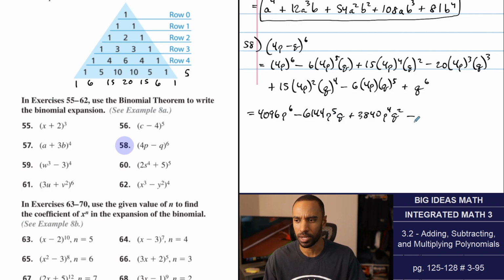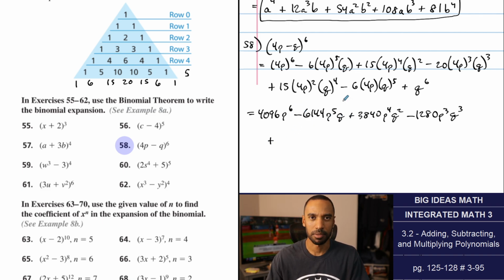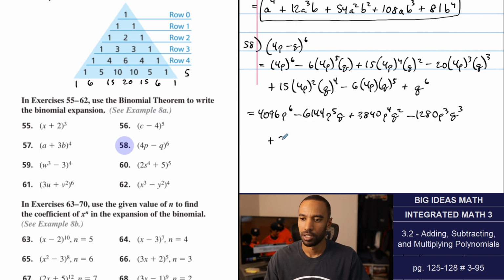What did I say? Did I say 2080? I meant 1280. 1280 p cubed q cubed plus 15 times 16. Come on, 240. 240 p squared q to the fourth minus 24 p q to the fifth plus q to the sixth.